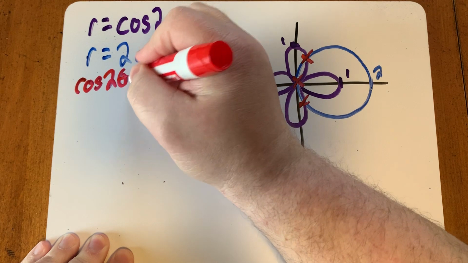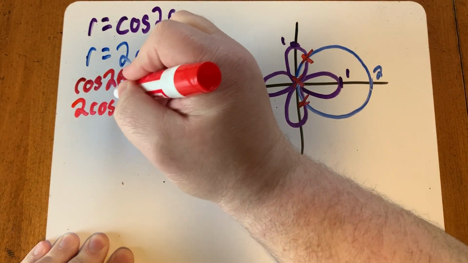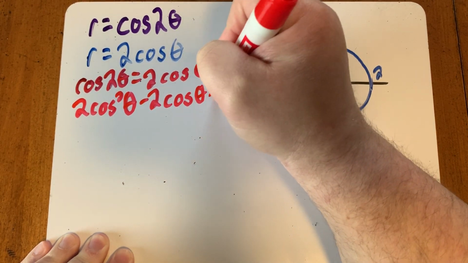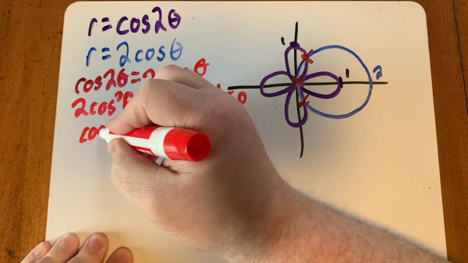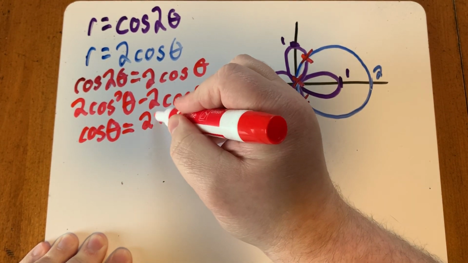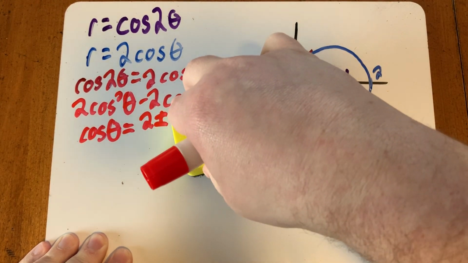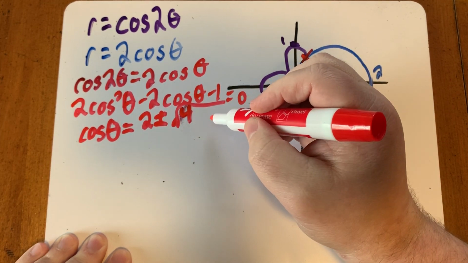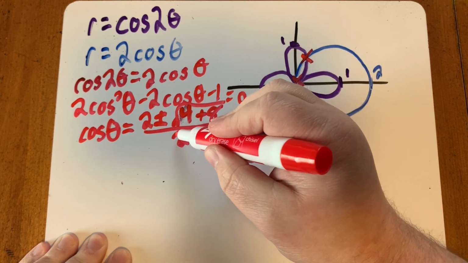We set them equal. Cosine of 2 theta equals 2 cosine of theta. So 2 cosine squared of theta minus 2 cosine of theta minus 1 equals 0. So it's a quadratic. Cosine of theta equals the opposite of 2, plus or minus the square root of 2 squared minus 4ac, so plus 8, all over 2a.